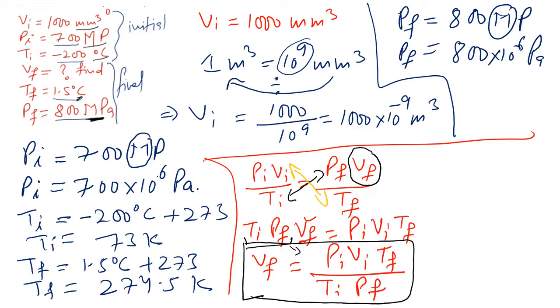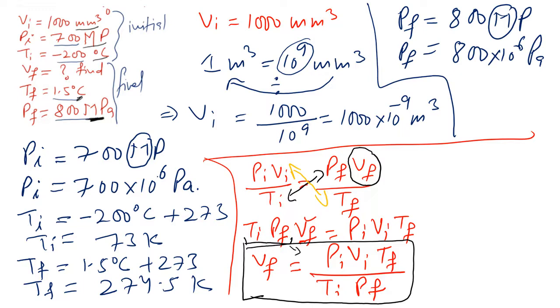Now we have to change first the initial volume to meter cube. Here this is the initial volume, and it is given 1000 millimeter cube, and the relation between meter cube and millimeter cube is that 1 meter cube is equal to 10 to the power 9 millimeter cube.